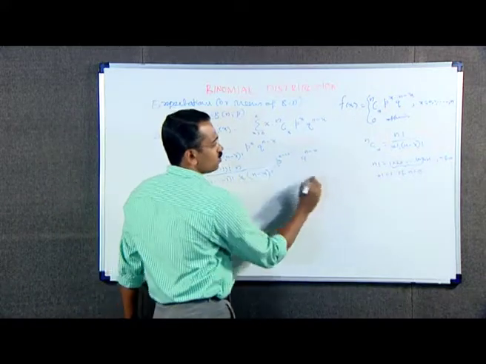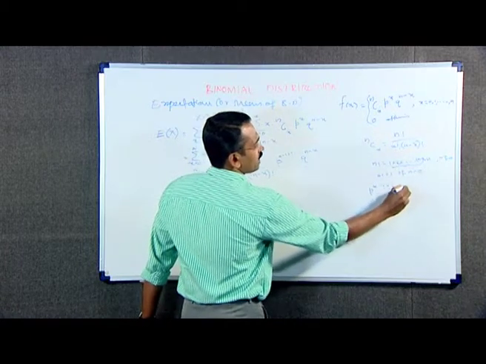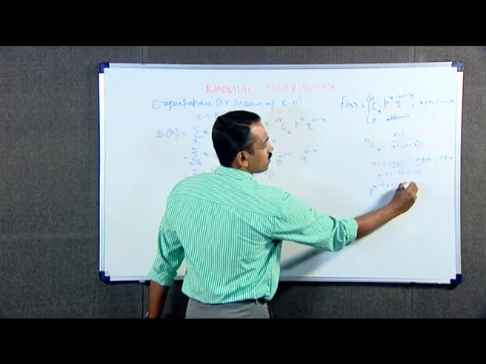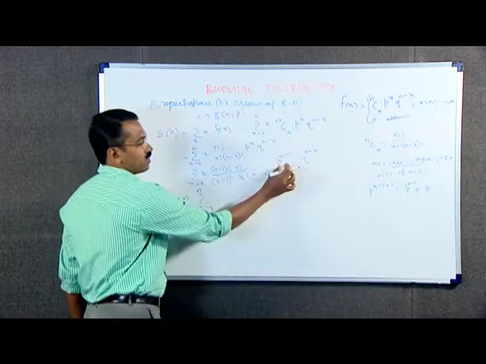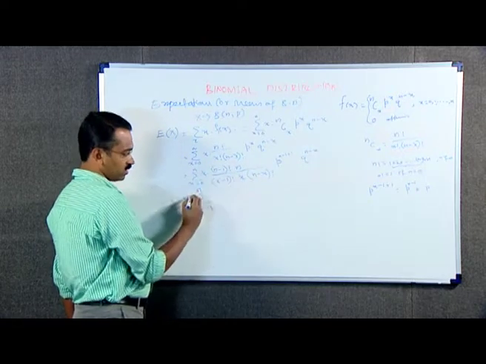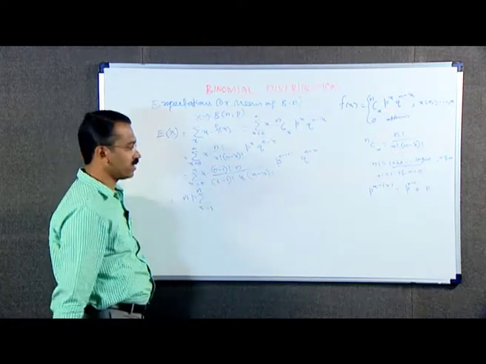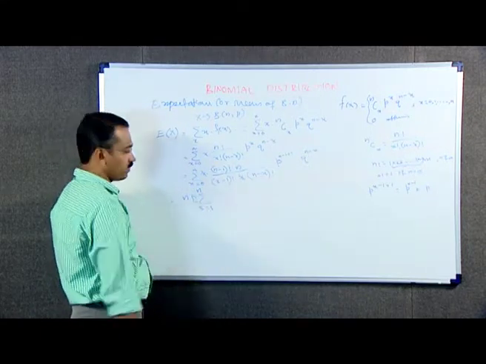Similarly, p raised to x minus 1 plus 1 can be taken as p raised to x minus 1 into p. That is here p raised to x minus 1 into p, that p can be taken outside. Therefore, n into p can be taken outside of the summation.